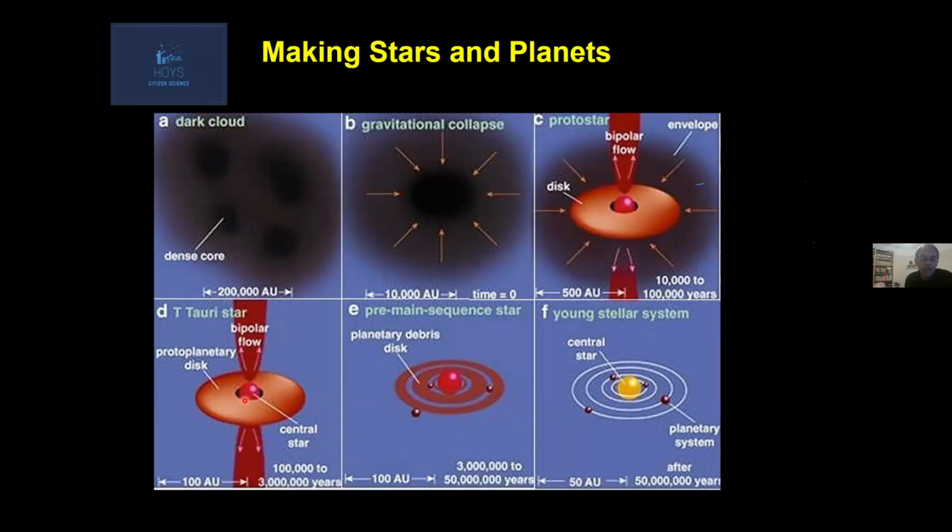Inside those disks, material which is initially made out of small dust grains, these 1 micrometer size dust grains, will start sticking together and over time form planets like in our own solar system.